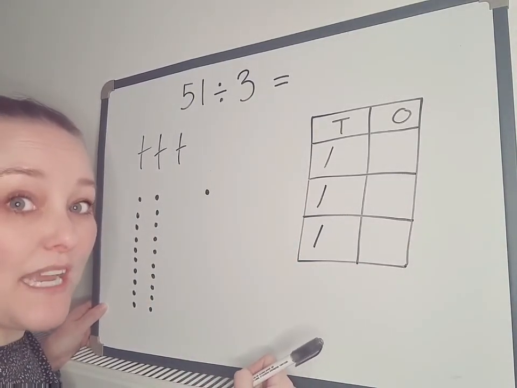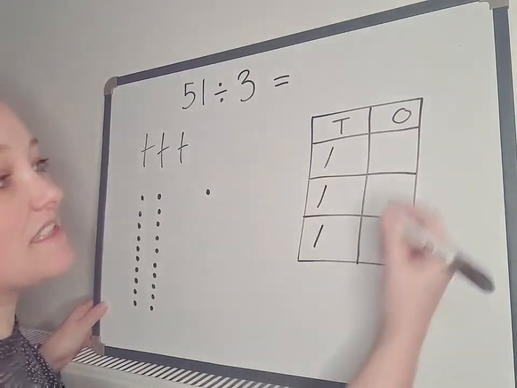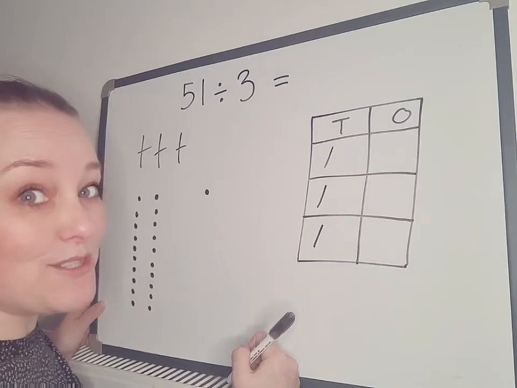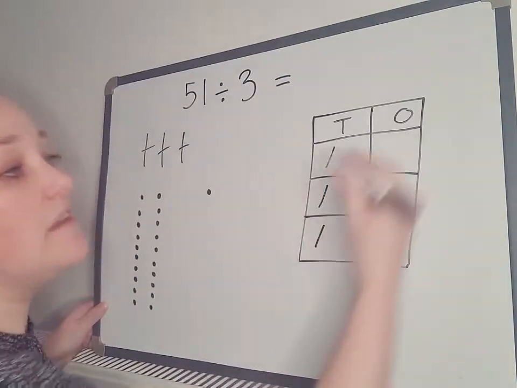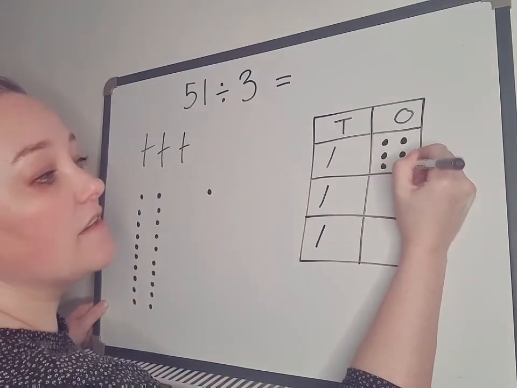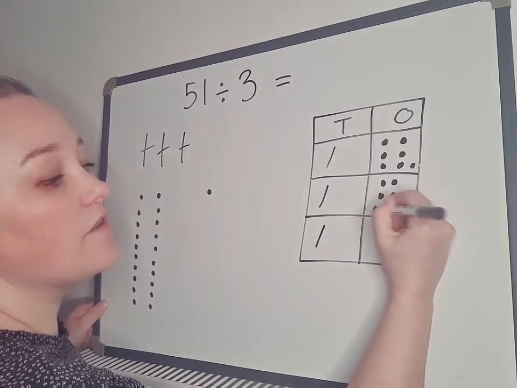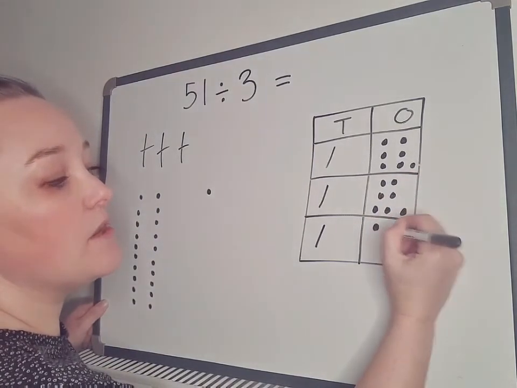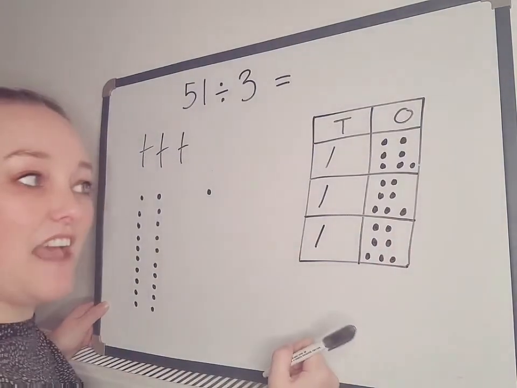That's why learning your tables is so important. So really crack on with that. But I know my tables, so I know that 7 3s are 21, which means I'm going to have 7 in each one of these.